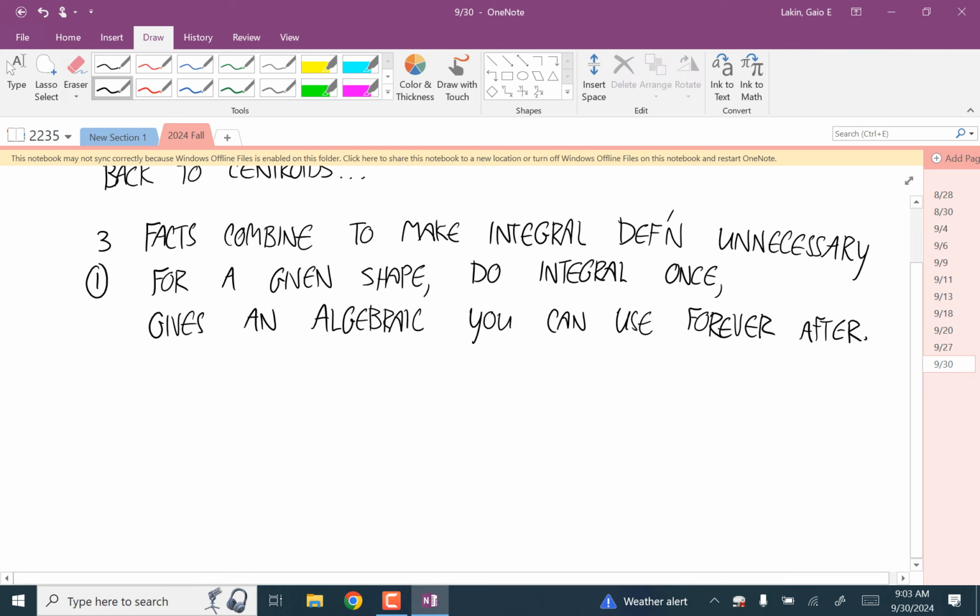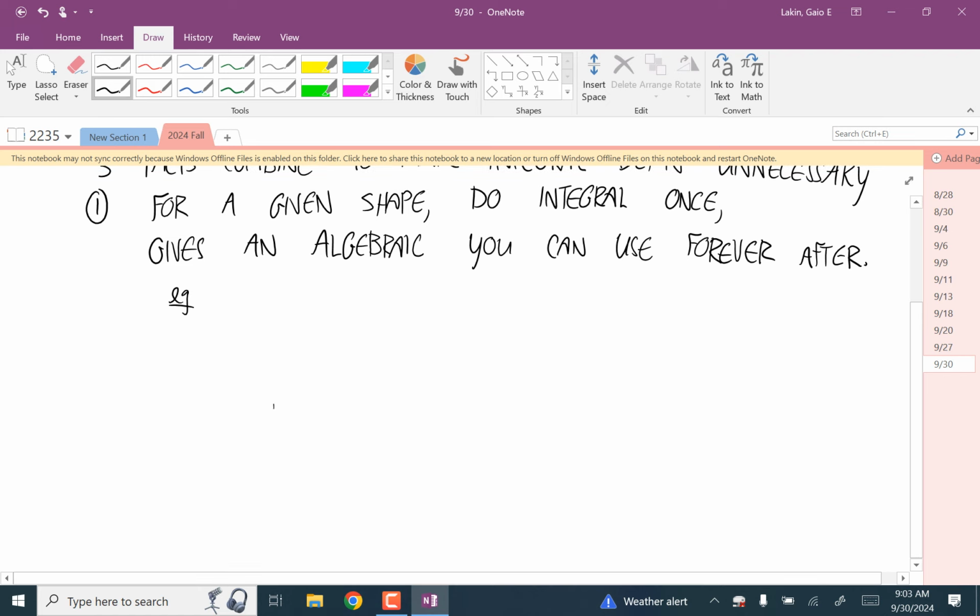There are a lot of people in the world doing a lot of integrals, and so you could never think of a shape that someone hasn't done somewhere, and has a formula for. So that's the first fact. And we did the one for a right triangle, and we found out that the centroid is a third of the way that way and a third of the way this way.